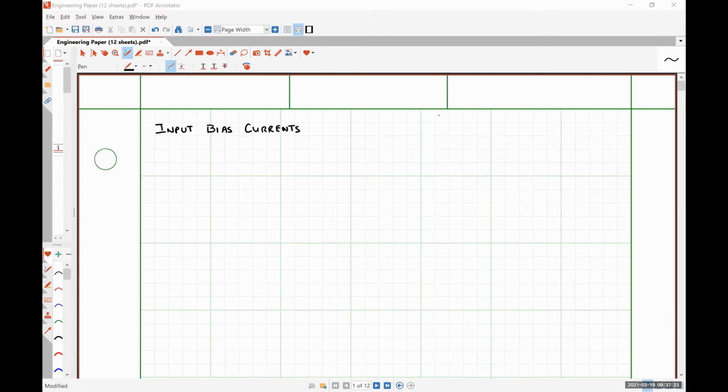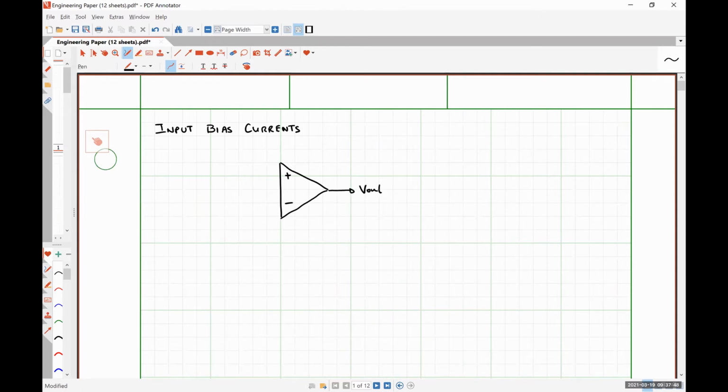So we're going to model these input bias currents by placing a current source between the input terminals and ground. So if we have our generic op amp symbol, like so, arbitrarily non-inverting input on top, inverting on bottom.